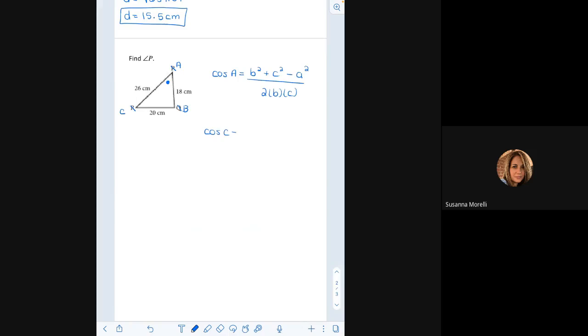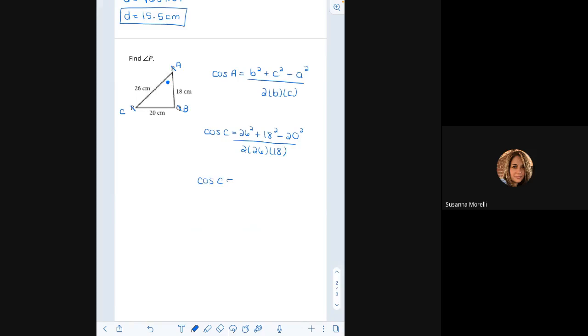So cos C is equal to 26 squared plus 18 squared minus 20 squared all over 2 times 26 times 18. Okay, so go ahead and put that in your calculator or in decimal, whichever you prefer.